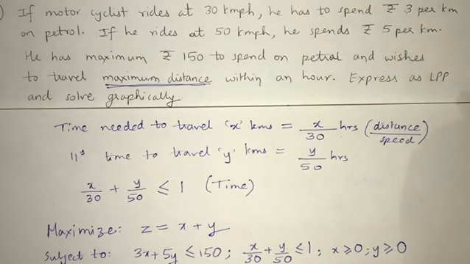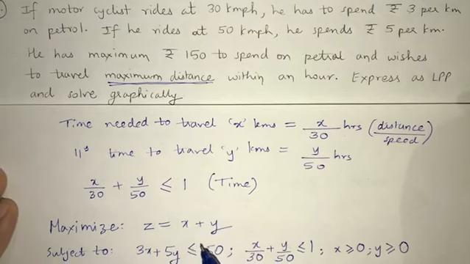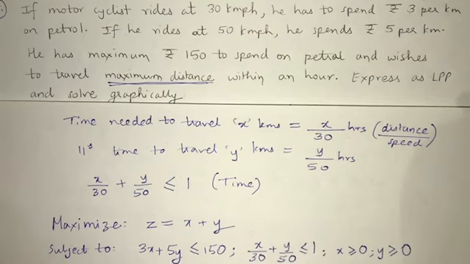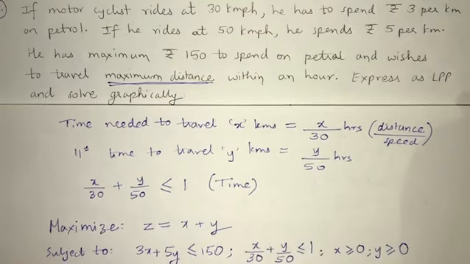You can plot it; in the first inequation you divide by 150 and you get 50 and 30 as the x and y intercepts respectively. In the second it will be 30 and 50 directly, nothing to do there. This is the first quadrant. You find the point of intersection and find the maximum value of x plus y.